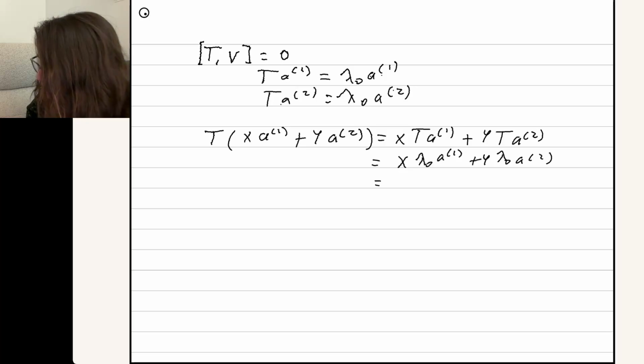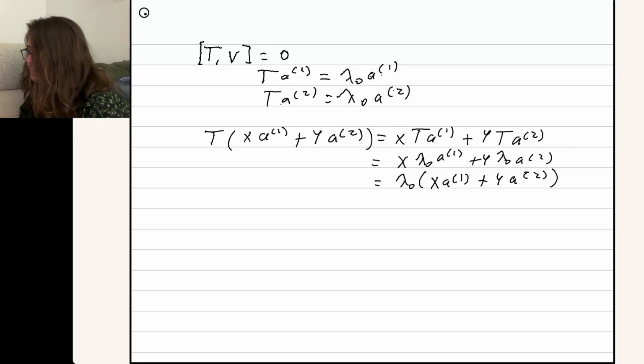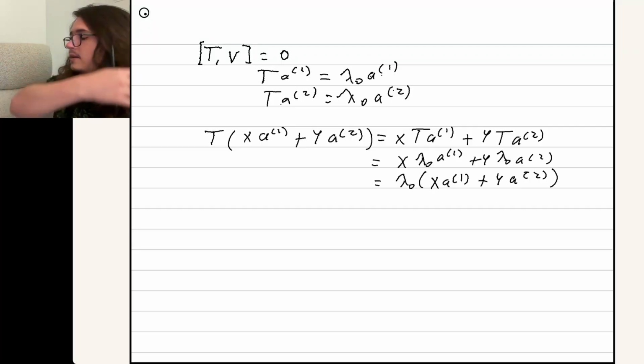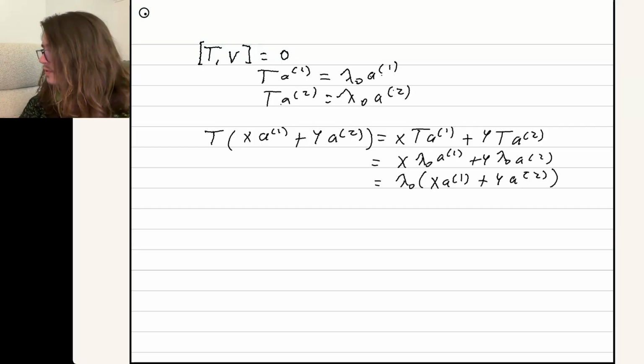So it's just lambda naught times (xA1 plus yA2). That's kind of unnecessary, but that's the whole thing, that it's degenerate and you can represent it like that.